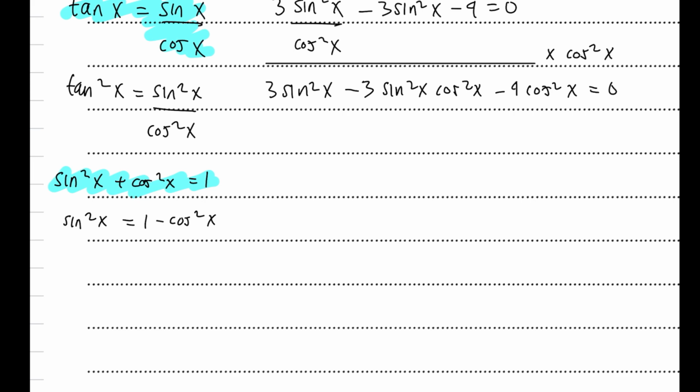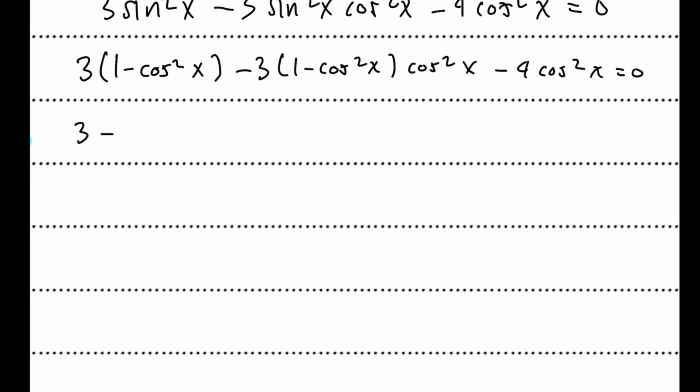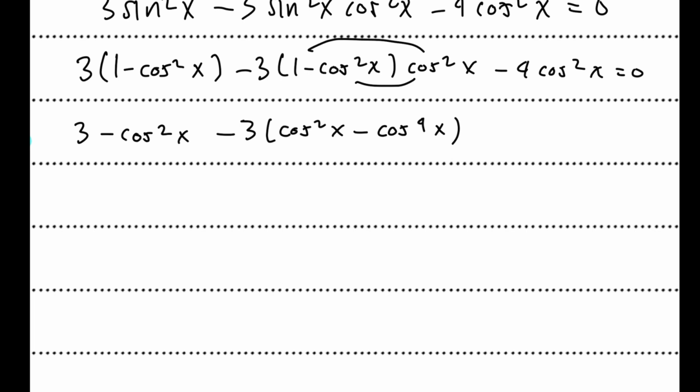So we can replace: 1 minus cos square x, minus 3 times (1 minus cos square x) times cos square x, minus 4 cos square x equals 0. From here, we expand this with this first, and it becomes cos square x minus cos exponent 4x.